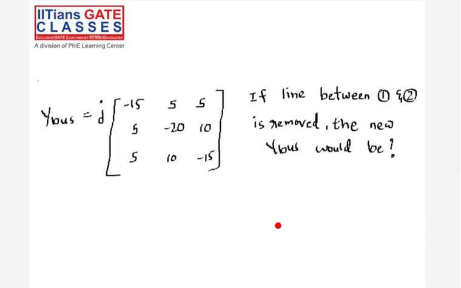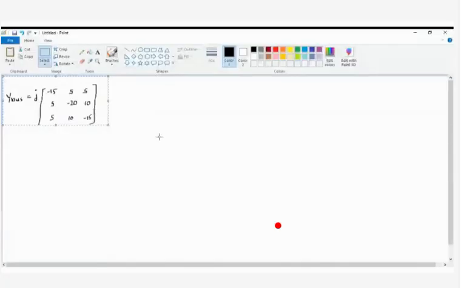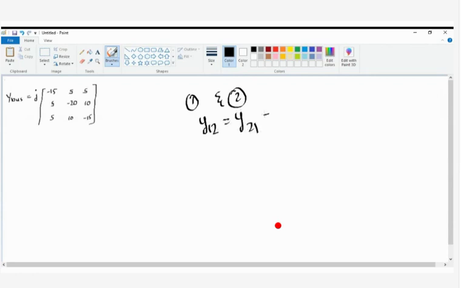Right. So basically, when you are removing a line between 1 and 2, that would mean that y12 is equal to y21 is equal to 0, and it is connected between 1 and 2.